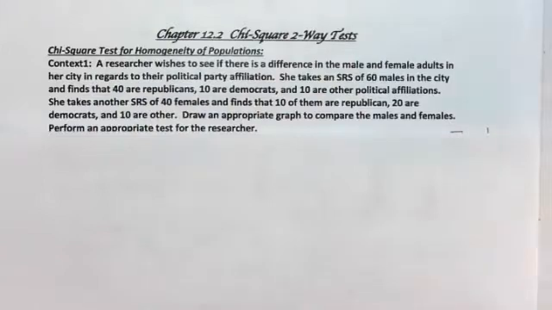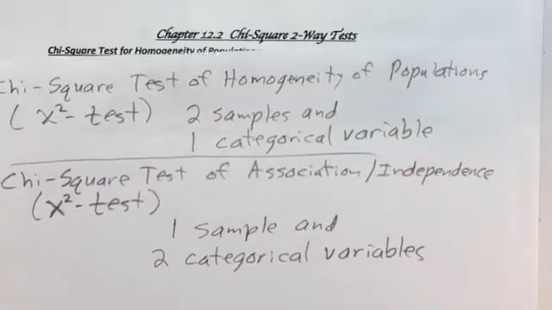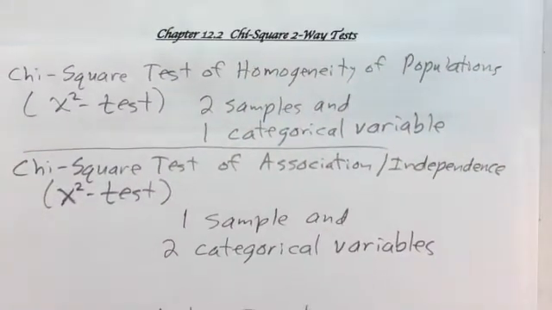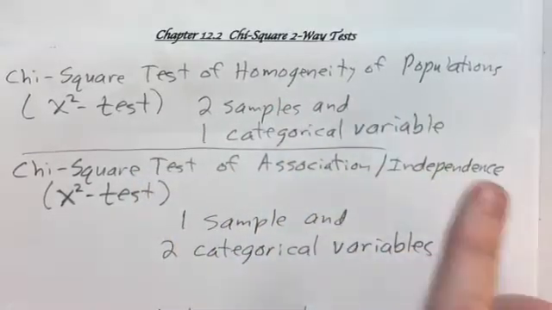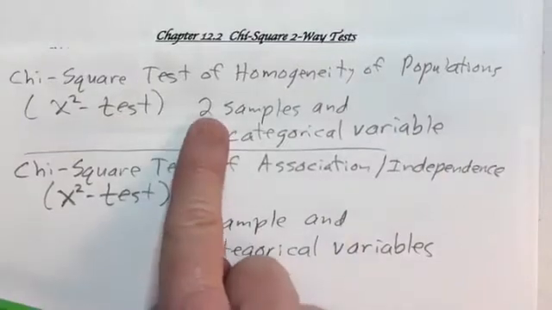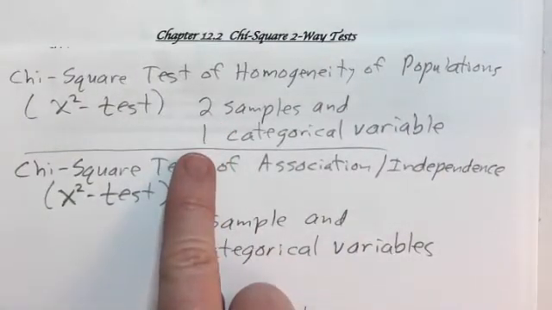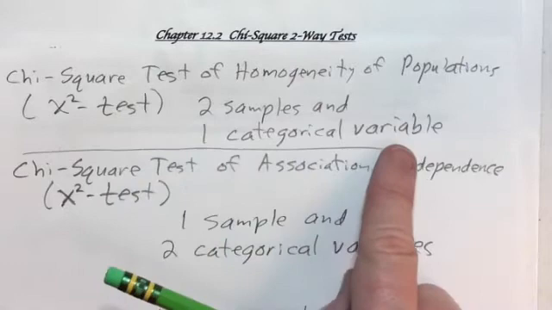All right, and so it's going to take a little practice as far as determining which test you're going to do. But a chi-squared test of homogeneity of populations is when you've got two populations and you've got two samples, and then it asks you to compare the two populations in regard to a categorical variable.